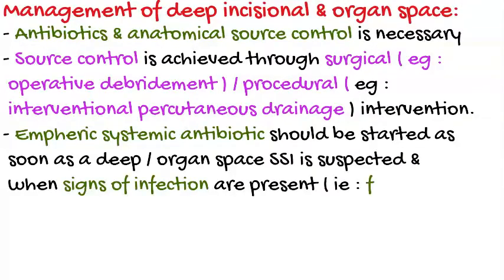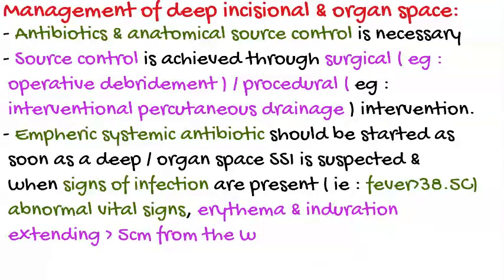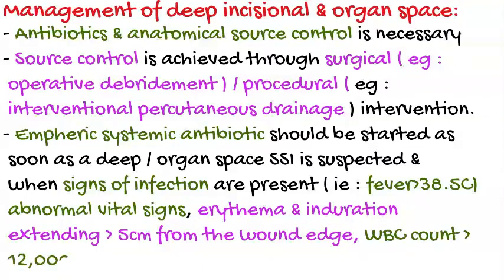Empiric systemic antibiotics should be started as soon as a deep or organ space surgical site infection is suspected and when signs of infection are present. That is, the patient having a fever more than 38.5 degrees Celsius, abnormal vital signs, erythema and induration extending more than 5 cm from the wound edge.